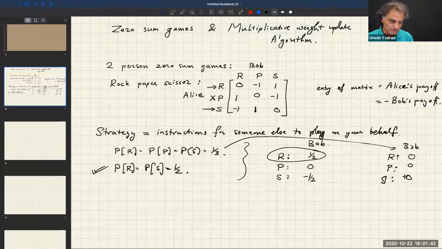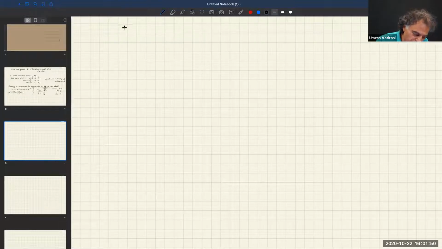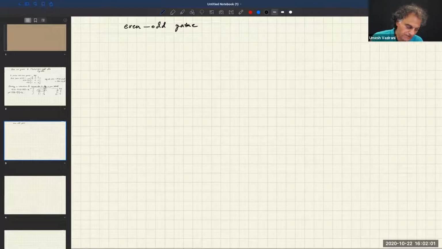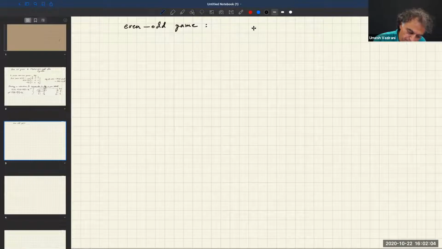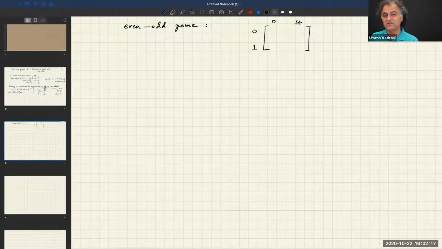Okay, so now let me describe one more game, which we'll think of as an even-odd game. Okay, so let's say that Alice and Bob pick a number, 0 or 1, and then their payoff is according to the sum of the 2 numbers picked.